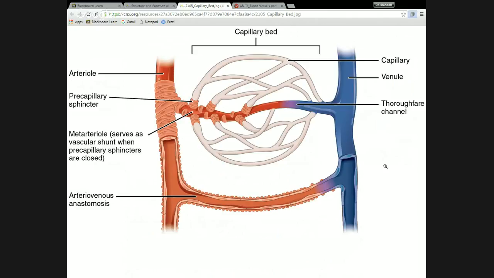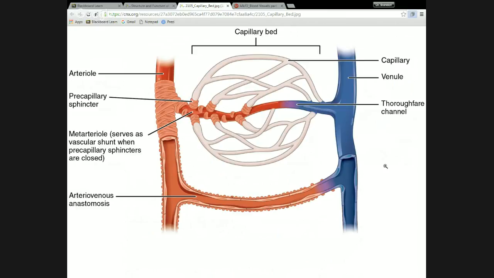If you're trying to limit the amount of blood going to your extremities because you're in very cold conditions, then AV anastomoses, AV for arteriovenous anastomoses, are probably going to be found deeper.